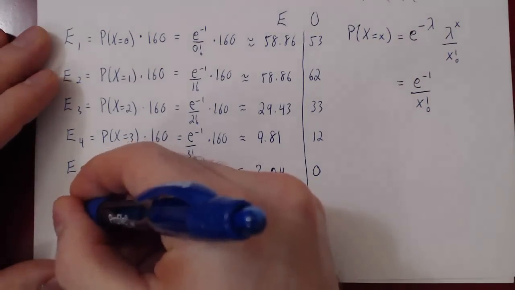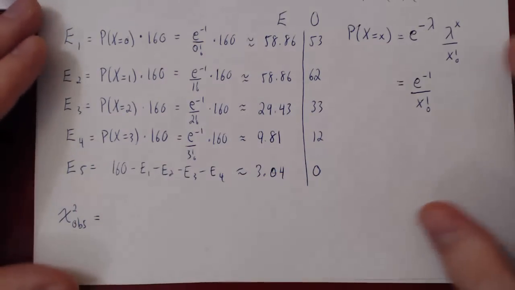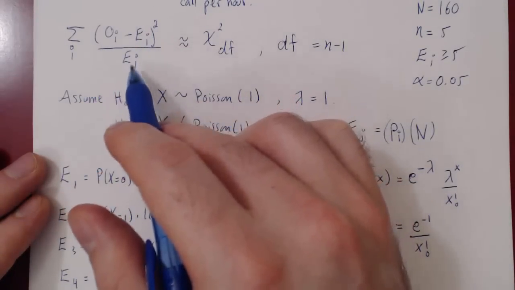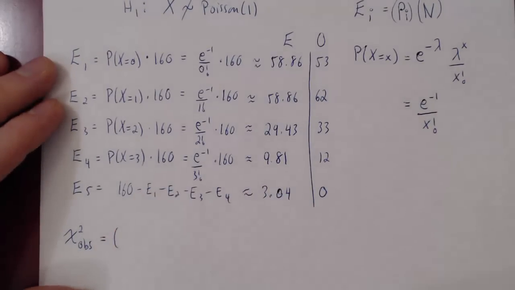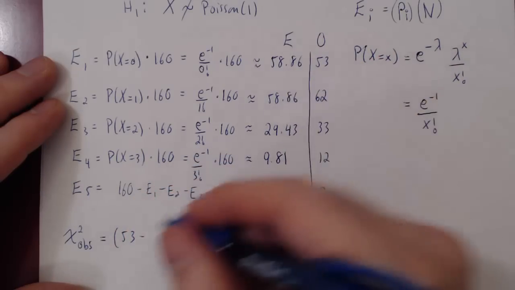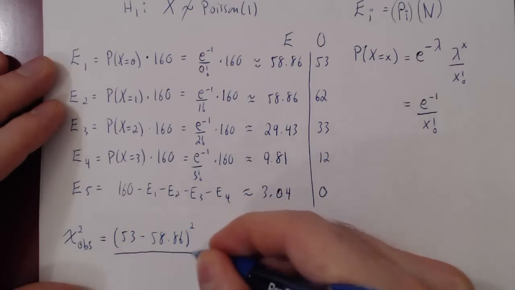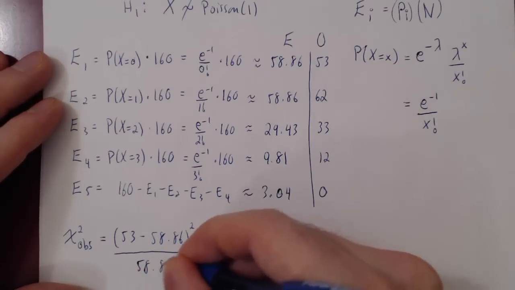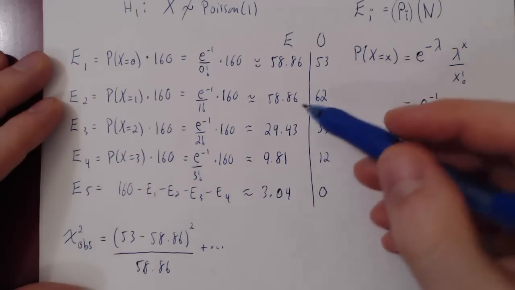So our chi-squared observed is, well, we are summing the observed value minus the expected value squared over the expected value. So the first one is 53 minus 58.86 squared over, of course, the expected value 58.86, plus, now we add these for every term.